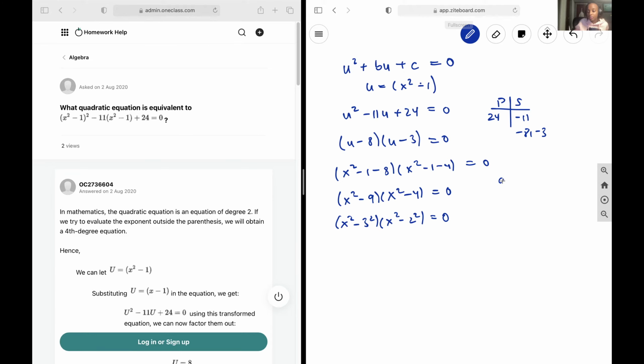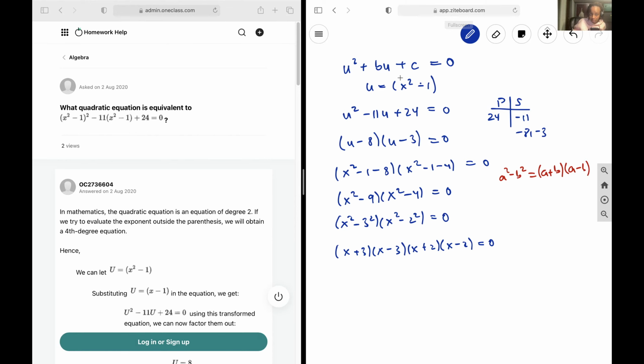You just need to remember the difference of squares rule, which states that a squared minus b squared is equal to a plus b times a minus b. So in this case, that is going to become x plus 3, x minus 3, x plus 2, x minus 2 is equal to 0.